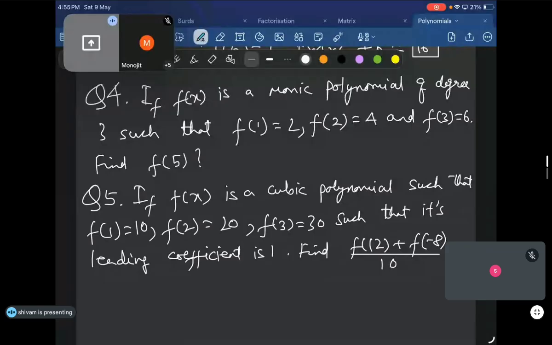Yes, Rishabh, first one is correct. So your first one is done.